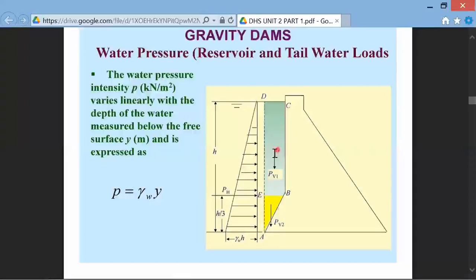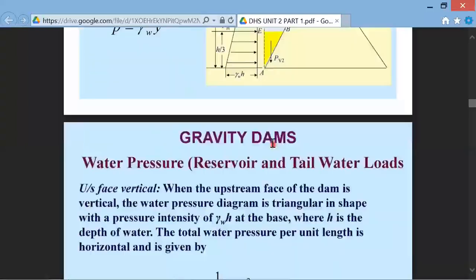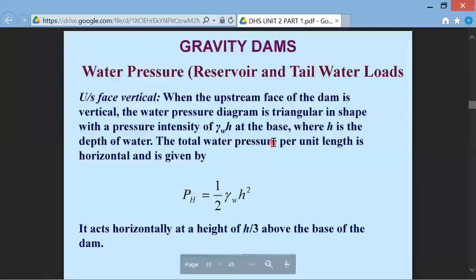Okay. So after that, the water pressure on the upstream side: when the upstream face of the dam is vertical, the water pressure diagram is triangular in shape, as we have seen in the previous diagram, with the water pressure intensity of gamma W into H. H means nothing but the height or depth at the base.